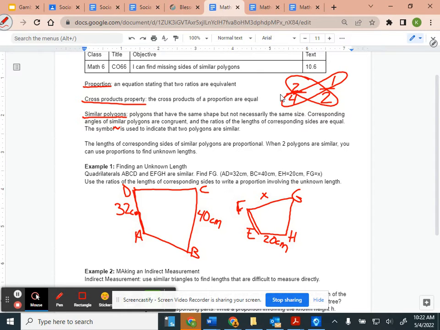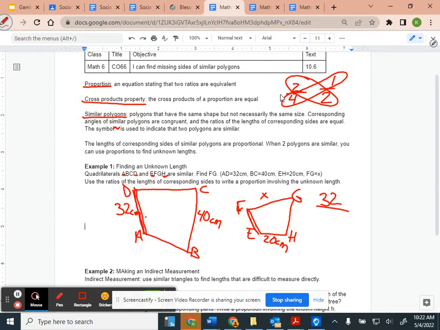So AD is going to match with EH. So we're going to take that AD, which is 32, and put it over EH. You're not just looking at where the placement is, because if that polygon is turned or flipped, they don't match up looking at it this way.